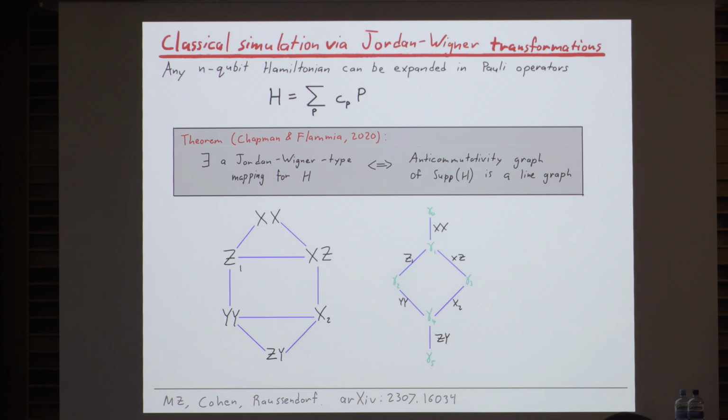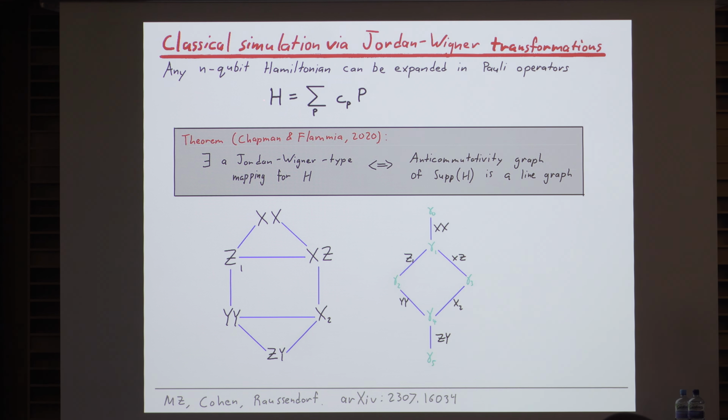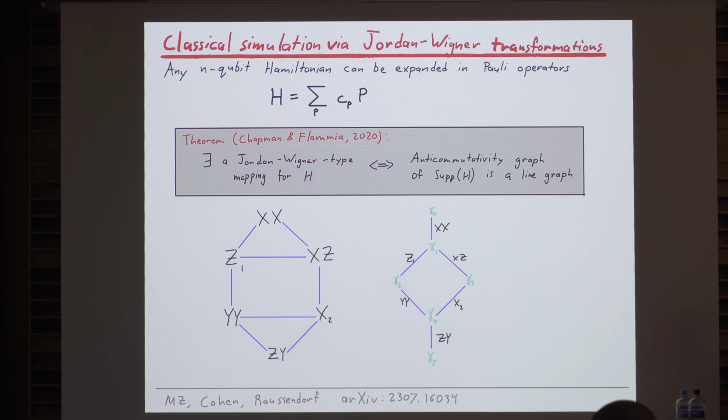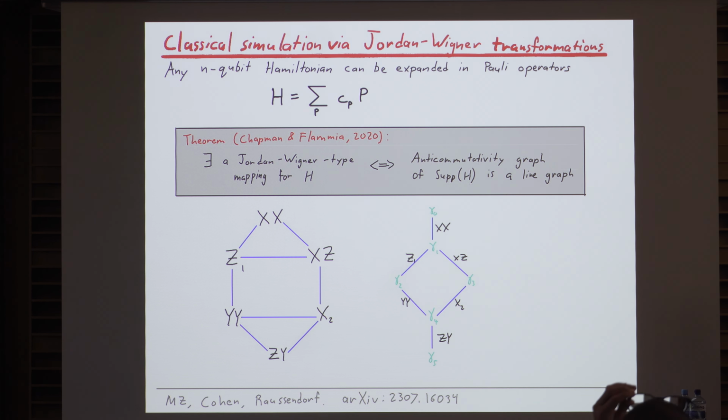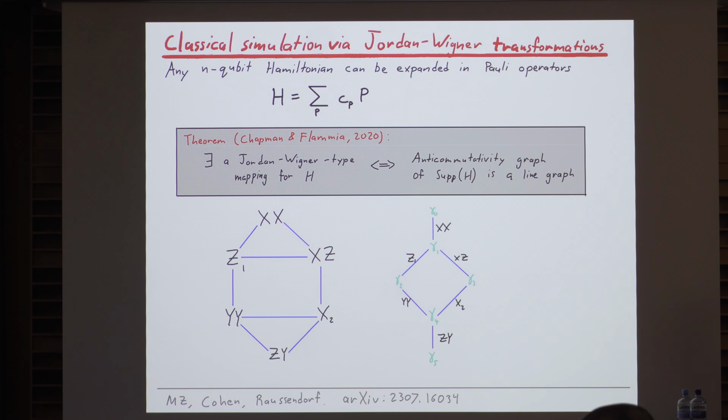It relies on these generalizations of the Jordan-Wigner transformations. So let's explain what this means. Any n-qubit Hamiltonian can be expanded in Pauli operators. The Pauli operators are a basis. There's this theorem from Adrian Chapman and Steve Flammia that says when a Hamiltonian expanded in the Pauli basis has a certain structure, there exists one of these Jordan-Wigner style transformations, mapping to free fermions.